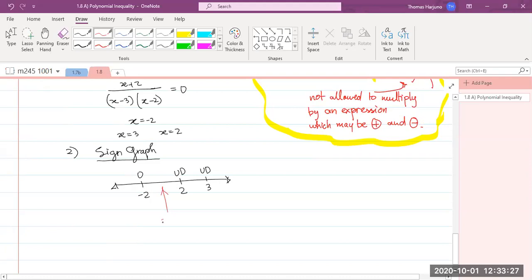Let's say x equals to 0. When x equals to 0, plug that in here. The numerator is plus 2. The denominator on the left-hand side is minus 3, and the denominator on the right-hand side also is minus 2, also negative. So the product and quotient altogether give us positive here.